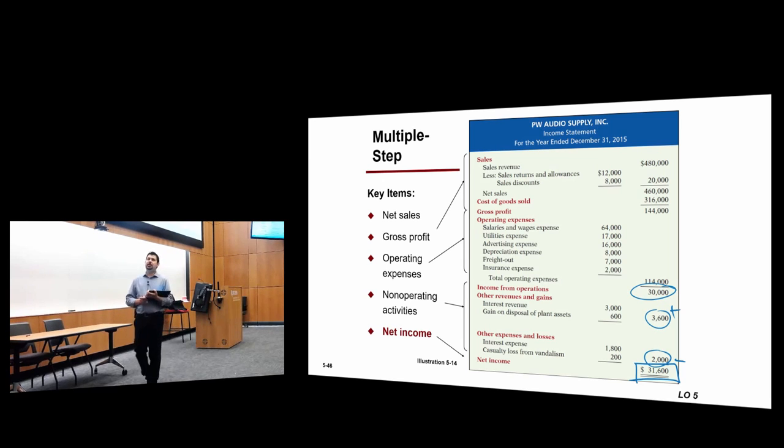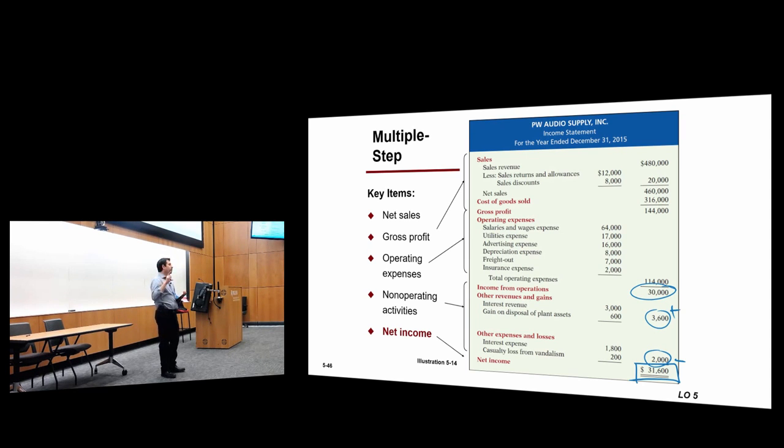This is the net income that you end up with. So instead of just listing all revenue and all expenses, you will end up with the same number, the same net income or net loss.